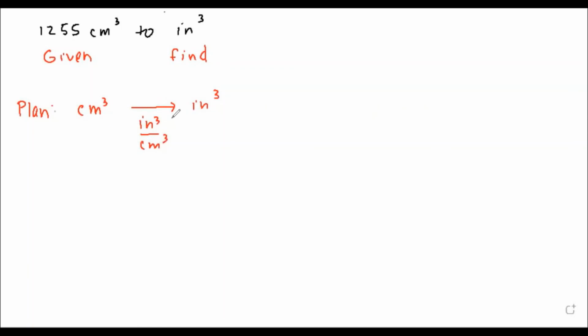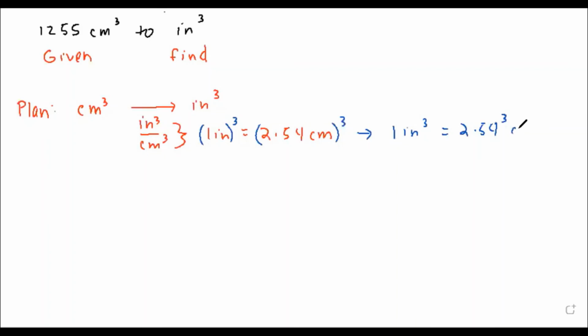And our conversion factor to go between inches and centimeters is that 1 inch equals 2.54 centimeters. And to turn that into cubic inches and cubic centimeters, so we can use it in this problem, we need to cube everything. So we get 1 inch cubed equals 2.54 cubed centimeters cubed.